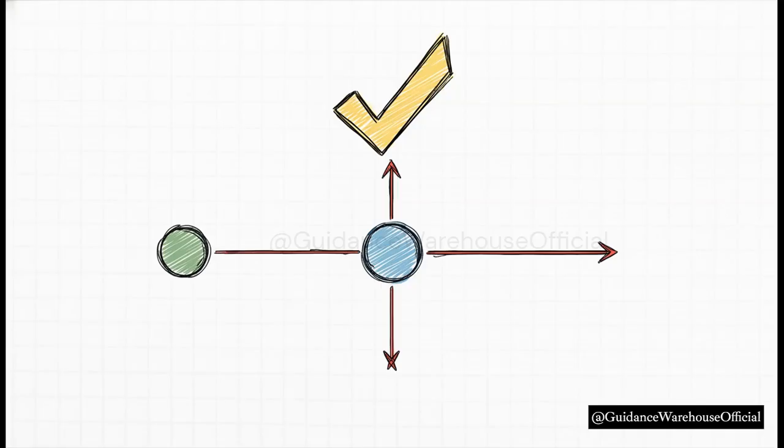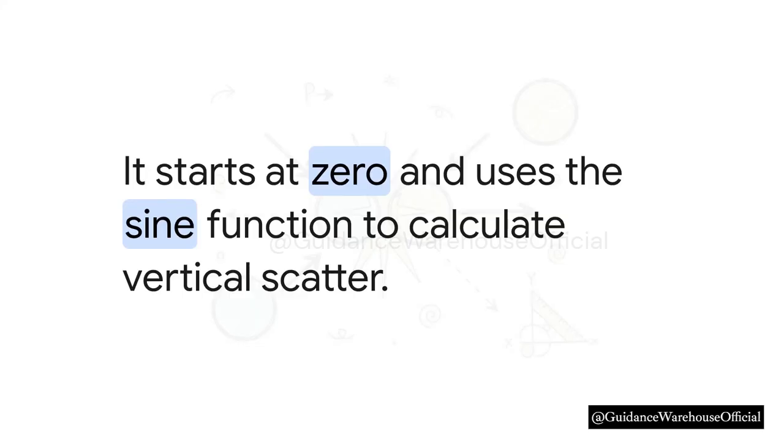So by setting up our graph this way, we essentially hack the problem to make the math way easier for ourselves. Because of that, our y-axis formula kicks off with a big, beautiful 0 on the left. Then, on the right side, we just swap in the sine function to calculate the vertical spread. Boom! Now we have 2 simple, parallel equations, one for the horizontal x and one for the vertical y.